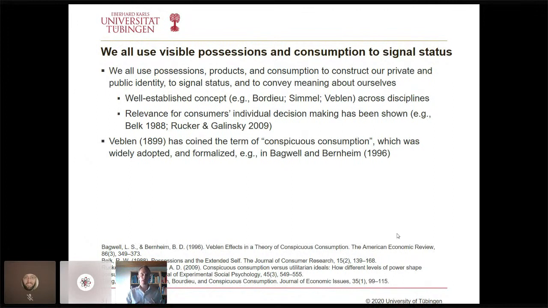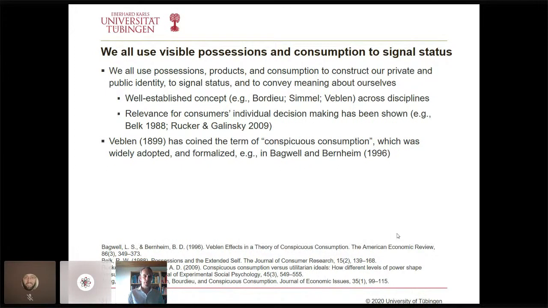Those names are strongly associated with the idea that we use visible possessions and consumption choices to communicate something about ourselves to the environment. And this has been shown theoretically and also in lab studies for individual decision-making that these visible possessions and this visible consumption matters.